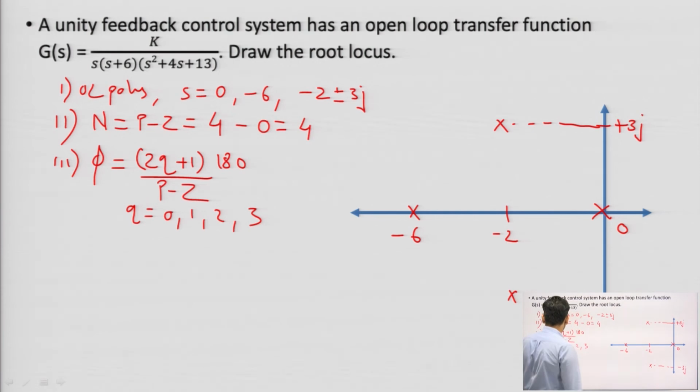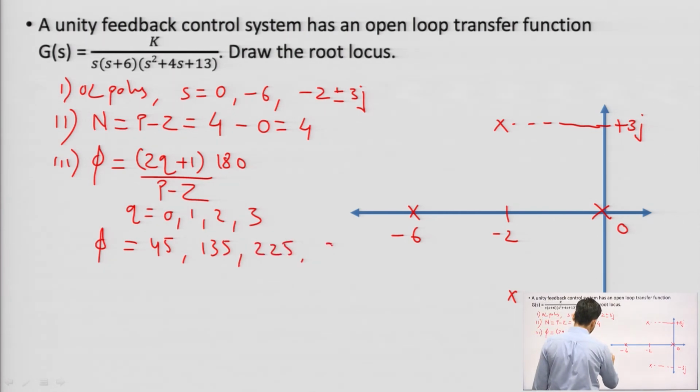So phi would be 45, next 135, next 225, and next one 315. Okay, so these are the 4 angles for different values of q.